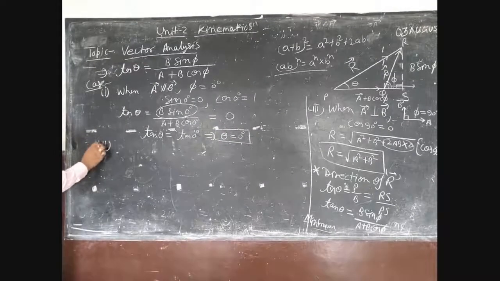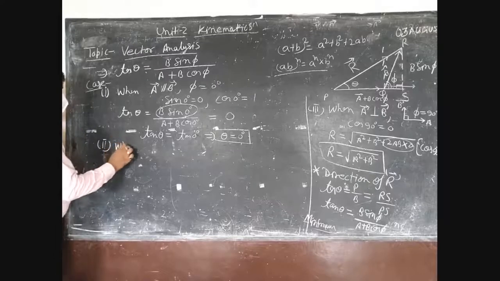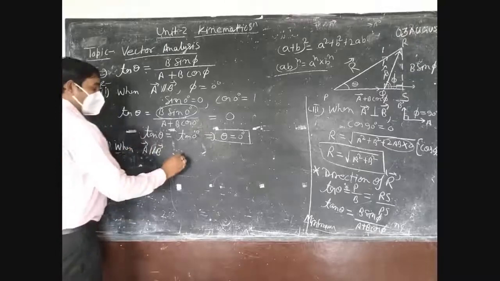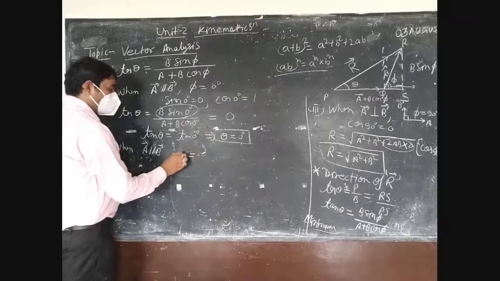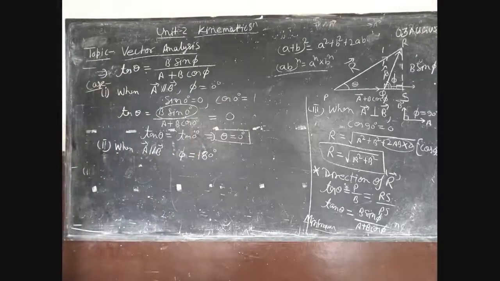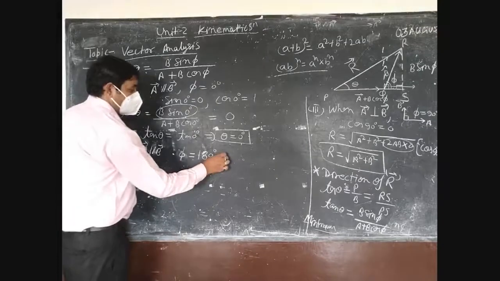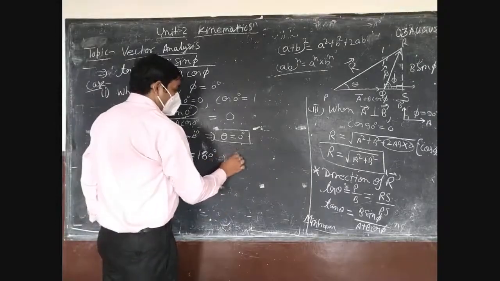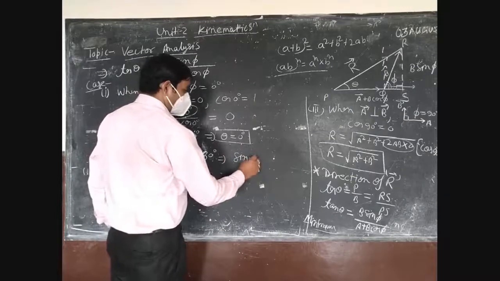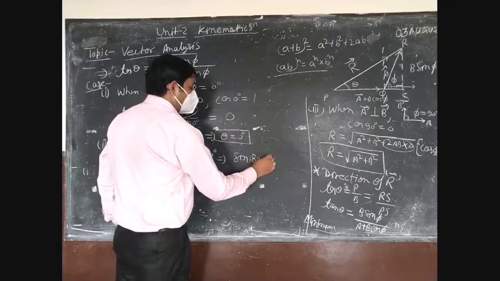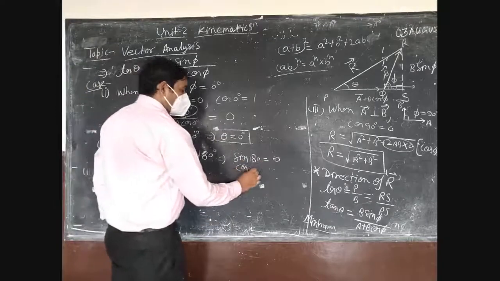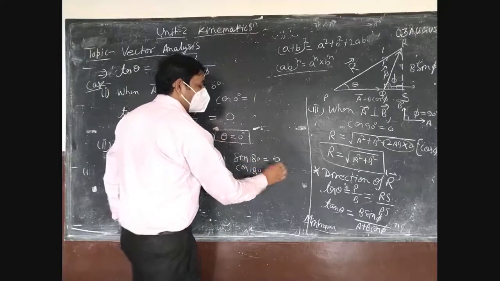Next, when vector A is parallel to vector B and phi is equal to 180 degree. Now you find that sin 180 degree is equal to 0 and cos 180 is equal to -1.